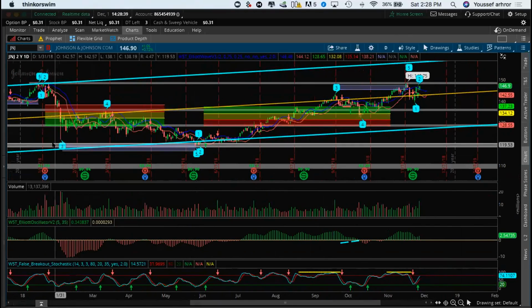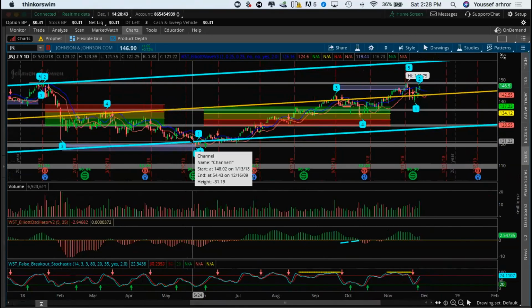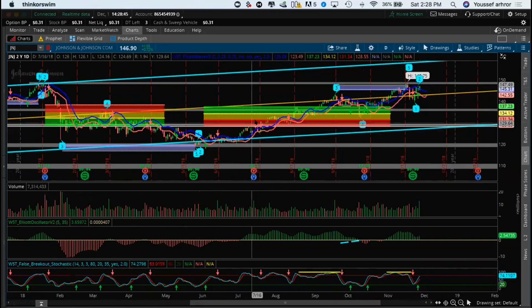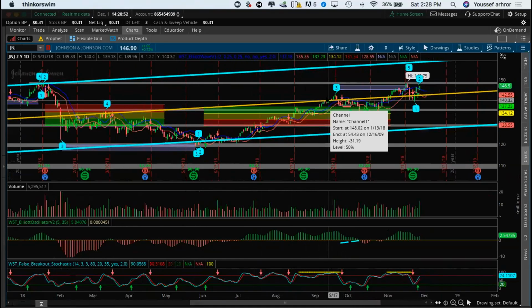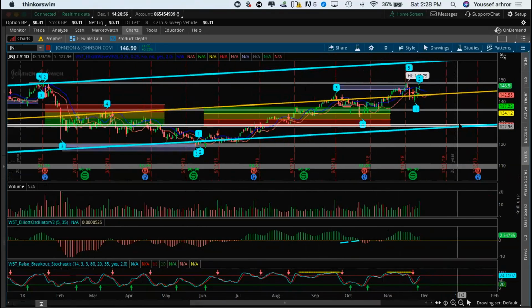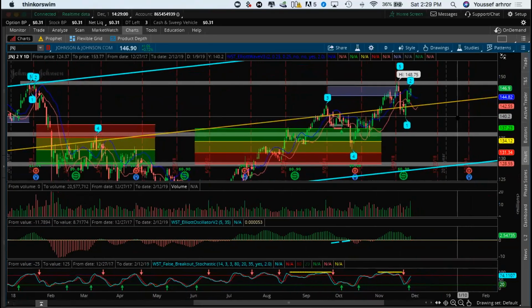You see, on the weekly, we said the convergence of the support resistance zone and the channel, and then we moved up on the daily to the center line of the weekly channel, formed the wave 3, and then pulled back from it. We pulled back into our support resistance zone, and then it's gone on and hit the 5th wave target.